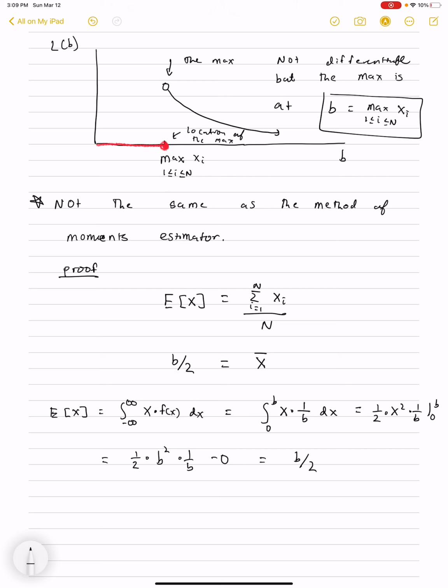So if I have E of x, it just says b over 2 is equal to the average. And so this would tell you b is equal to twice the average. This is the method of moments estimator.